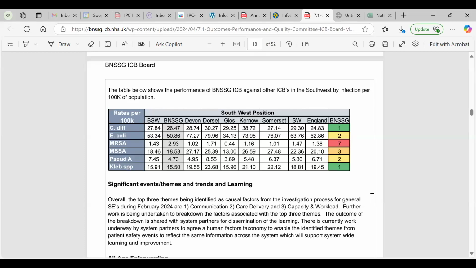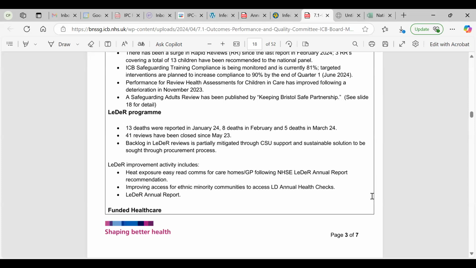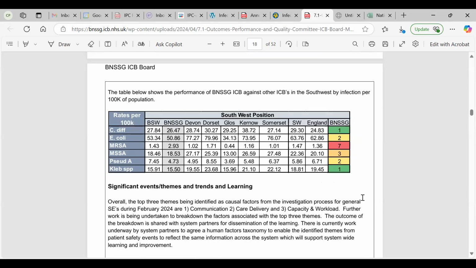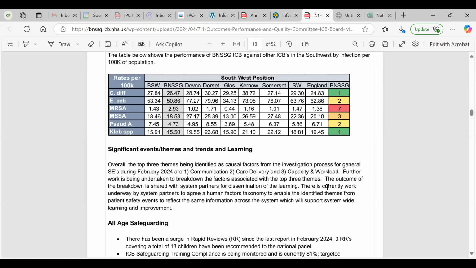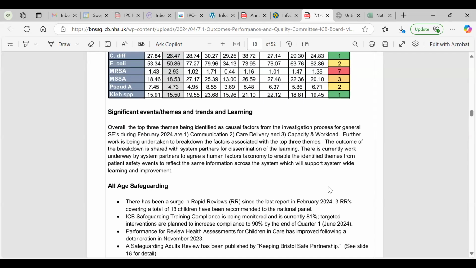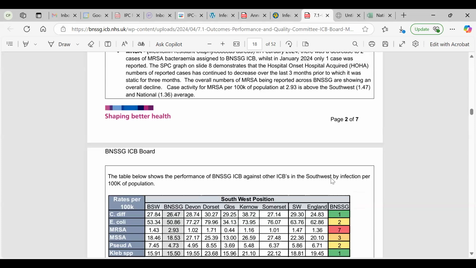Then they look at their comparison against the other areas in the Southwest. They look at the learning from the events, themes and trends. And now we're on to significant events, themes and trends and learning from safeguarding.